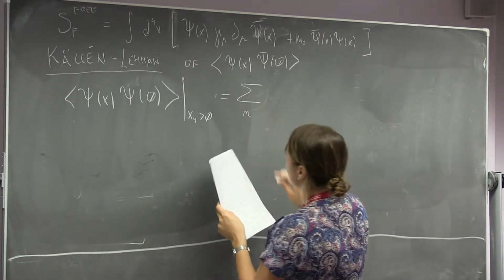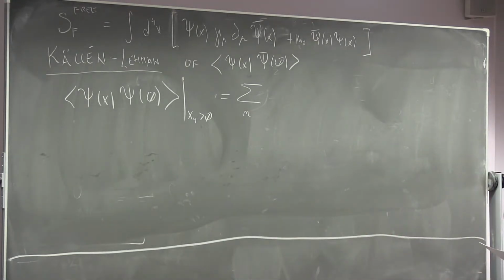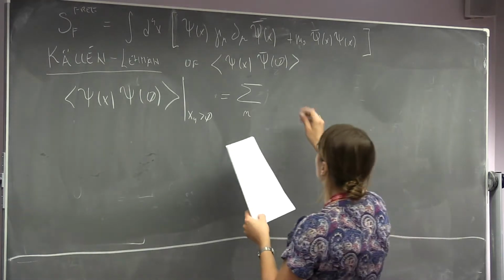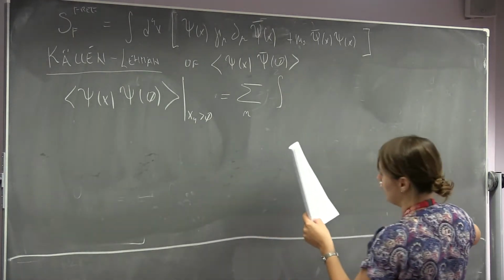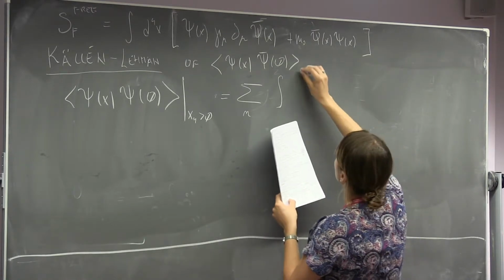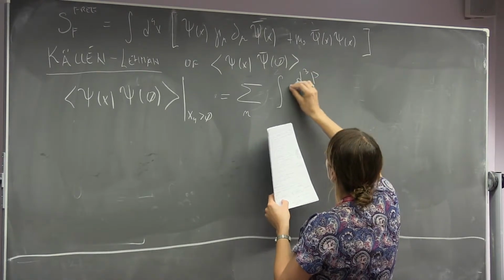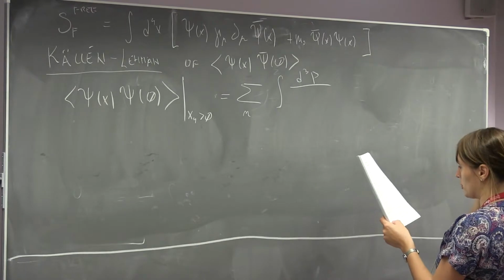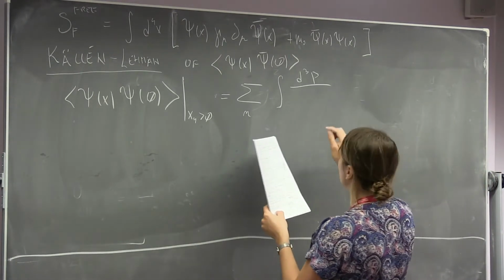It turns out that, following a similar derivation as we had for the scalar field theories, we don't have time to go over all the steps here, we get the following expression for the two-point field correlator.